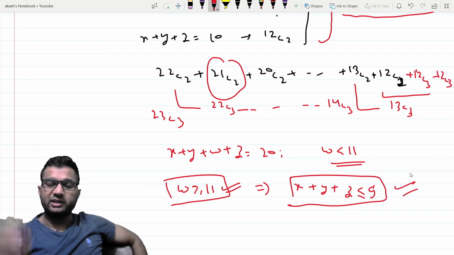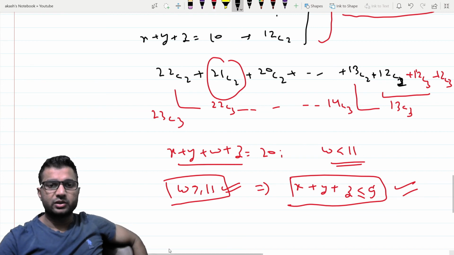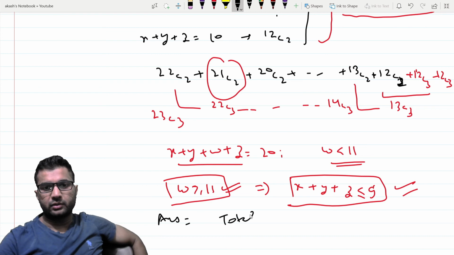I will subtract this from the total number of solutions, where the total number of solutions is for 4 variables. Okay, so my answer will be the total minus the solutions corresponding to this inequation. Let's start.